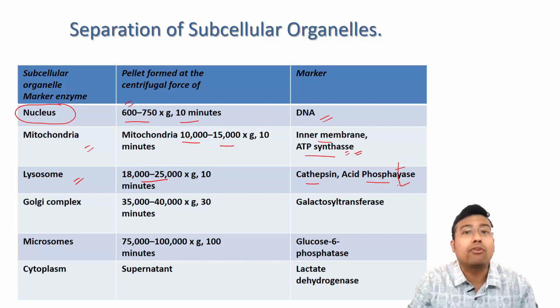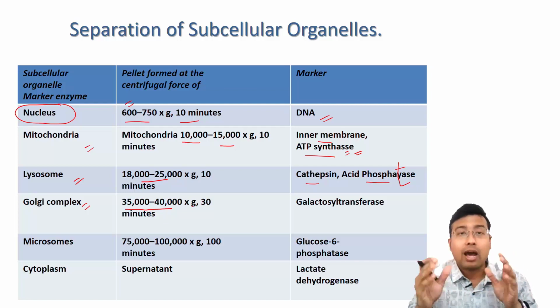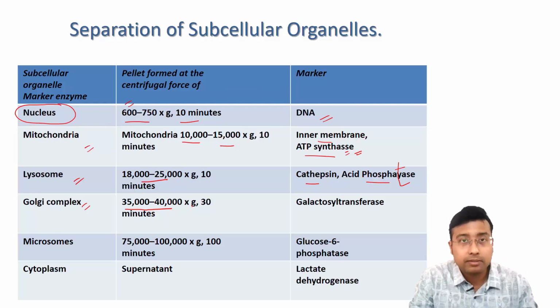This will be acid phosphatase. All right, lysosome. Next, we are going into lighter and lighter material. Golgi body, Golgi apparatus or Golgi complex, they sediment at 35,000 to 40,000 g, and we need to spin them for half an hour, for 30 minutes.